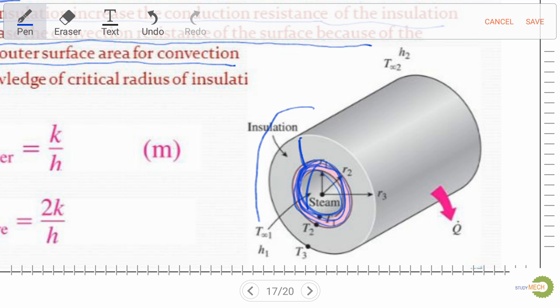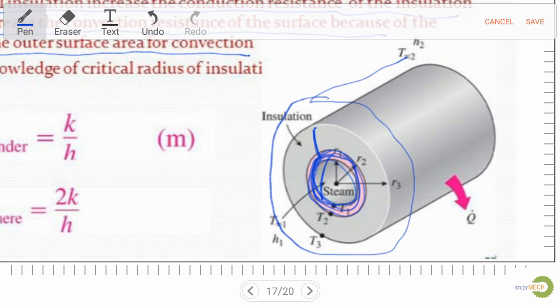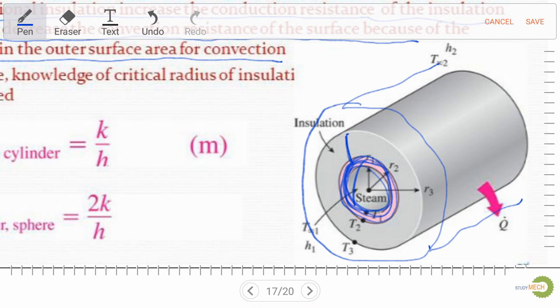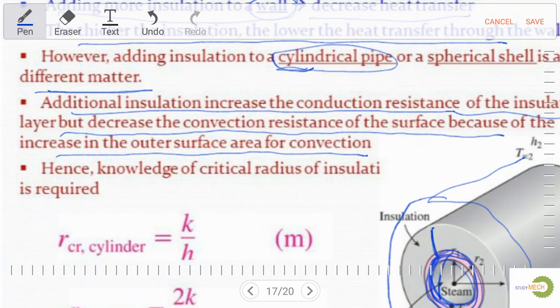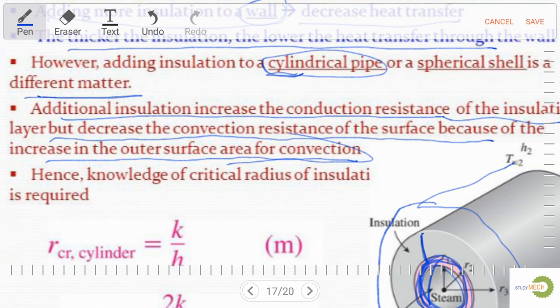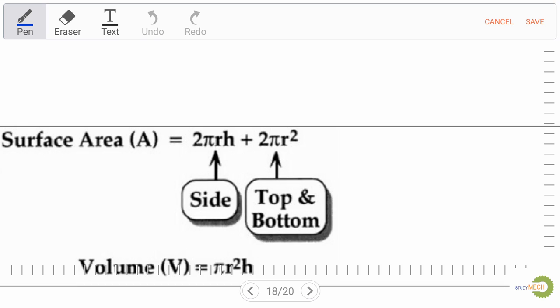Now if I add more insulation, then our surface area will increase, and if surface area increases, then convection will also increase. Now let's check the equation also. Surface area for a cylinder: for the side, that is 2 pi r h, and for the top and bottom, that is 2 pi r square.